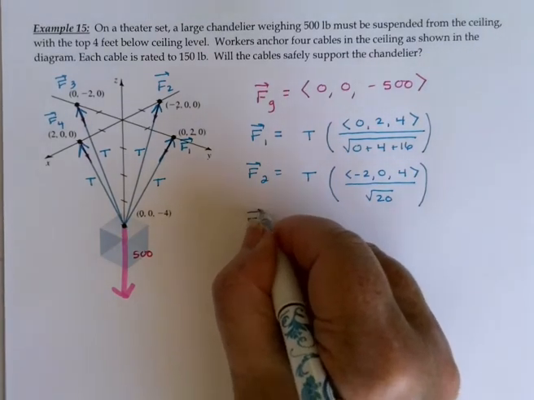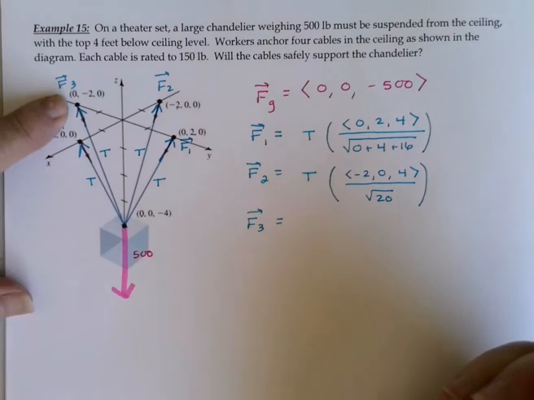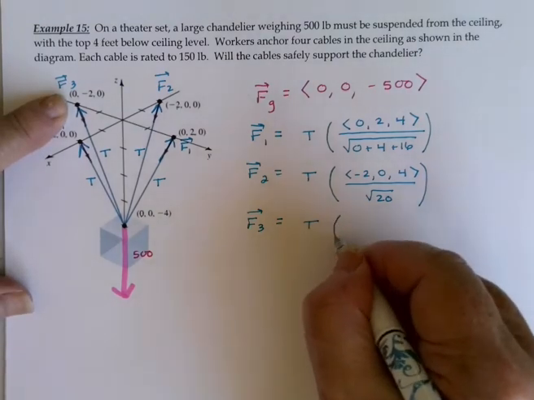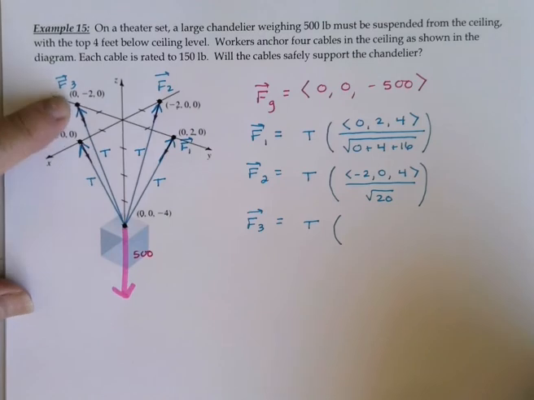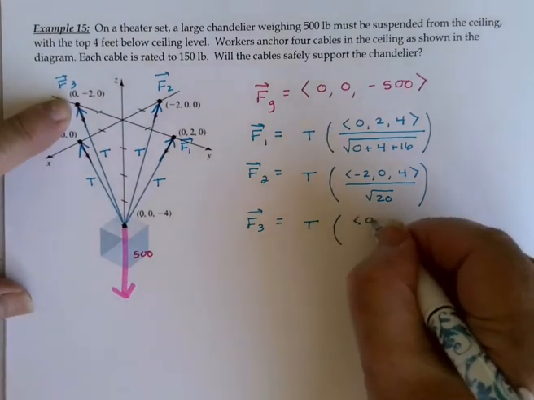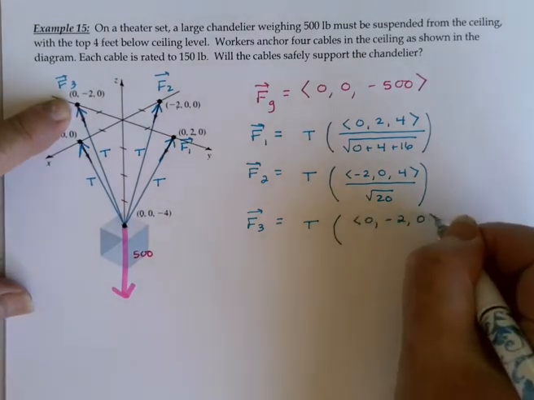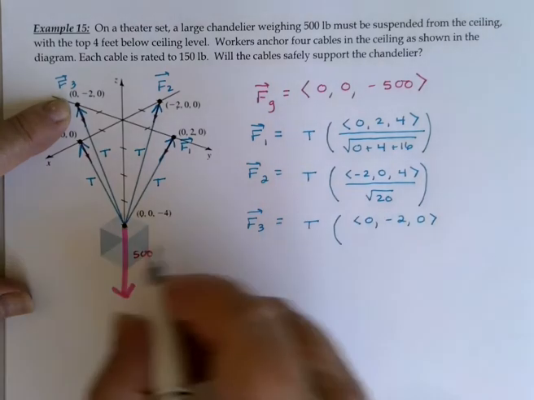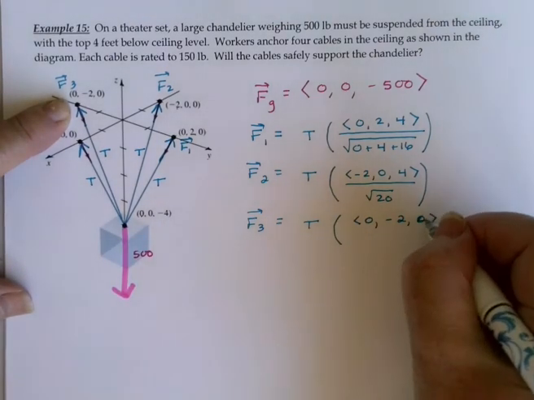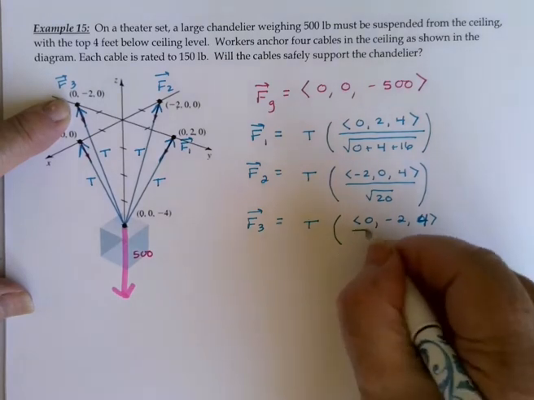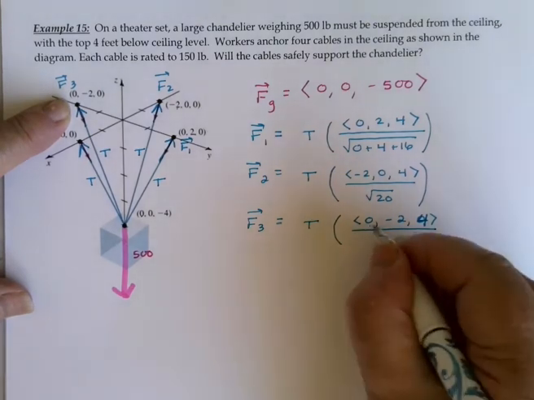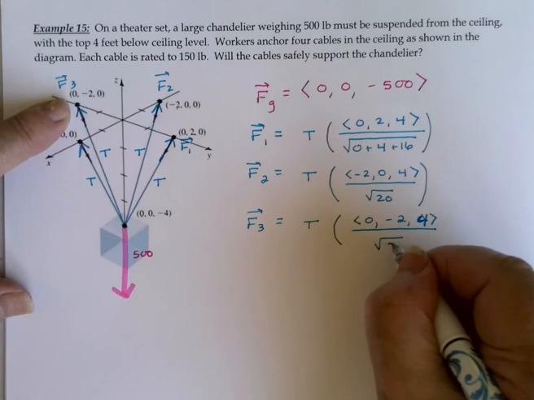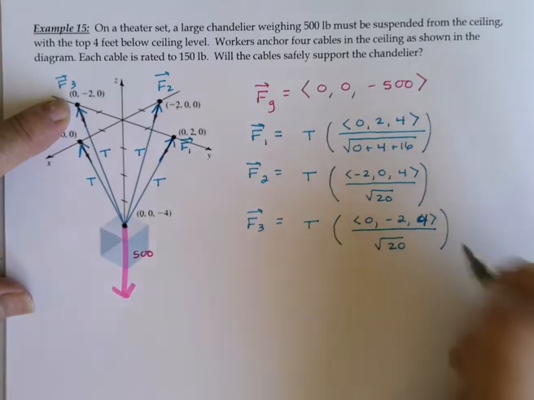All right, F3. Magnitude of T times the unit vector in this direction, which would be 0, negative 2, 4. Same magnitude, 0 plus 4 plus 16 gives me the square root of 20 again.